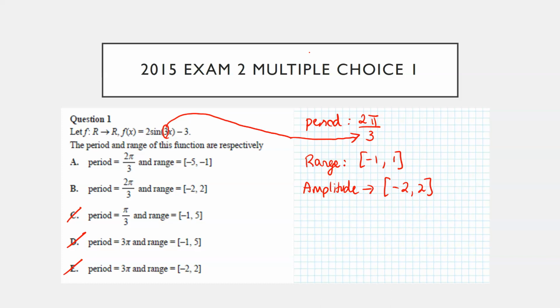And then it's been shifted or translated down by 3. So now negative 5 is my minimum and 2 minus 3 is negative 1. So my range is negative 5 to negative 1, which means my answer is A. Now for that question, as I said, it's quite a straightforward question, and 95% of students got it correct.